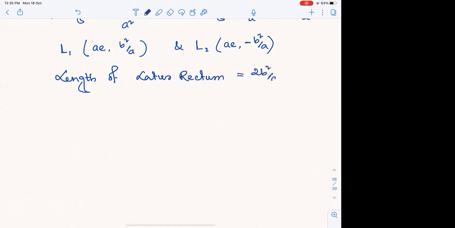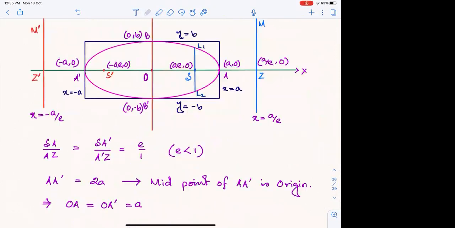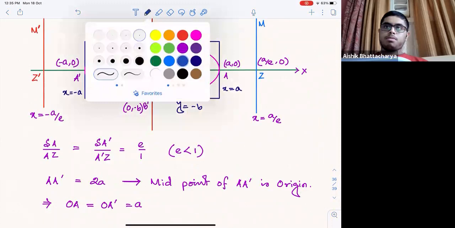Clear to all? Similarly, if we have another latus rectum through S dash, can its length differ from the first one or should it be of equal length? Same length.